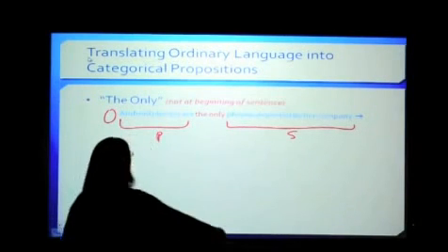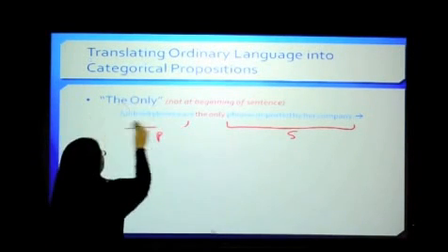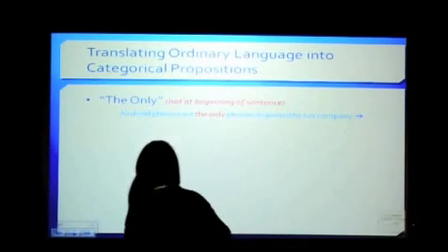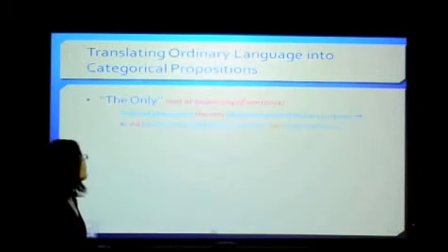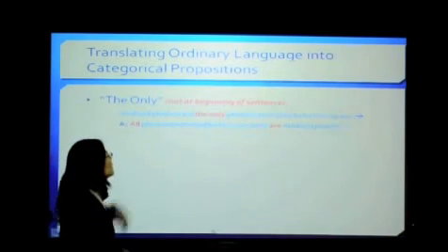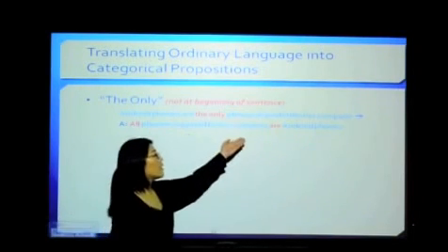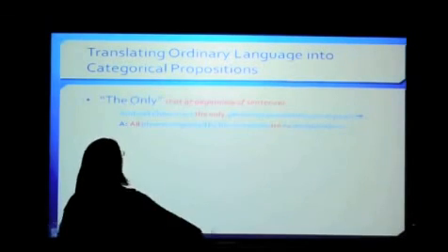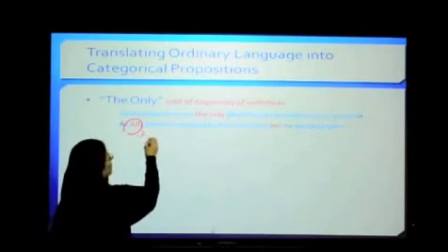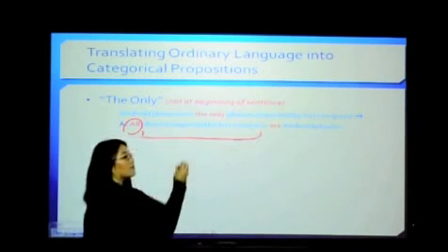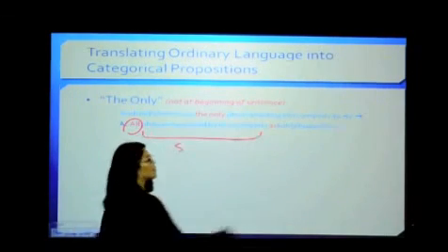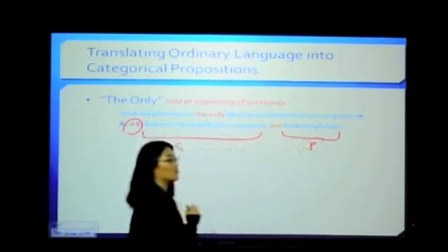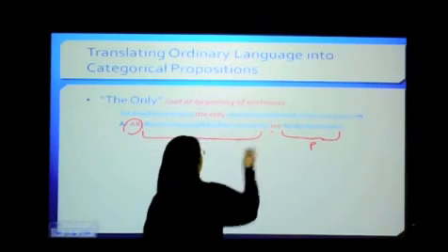When we do that, we translate the statement into: all phones imported by her company are Android phones. So we have the quantifier all, then phones imported by her company as the subject term, and Android phones as the predicate term. And we're using the copula are.